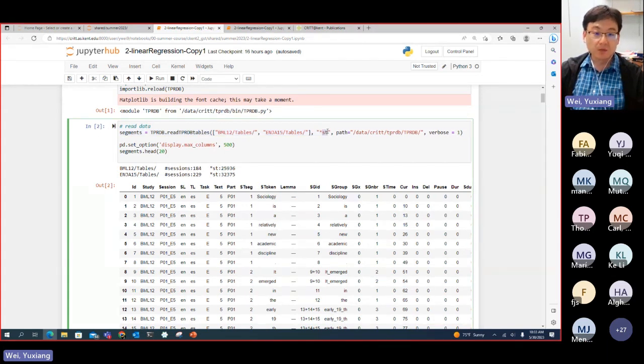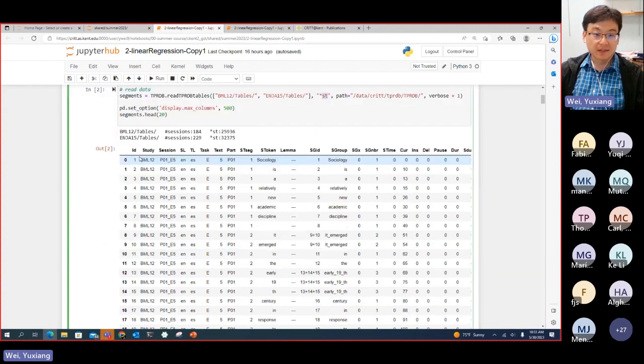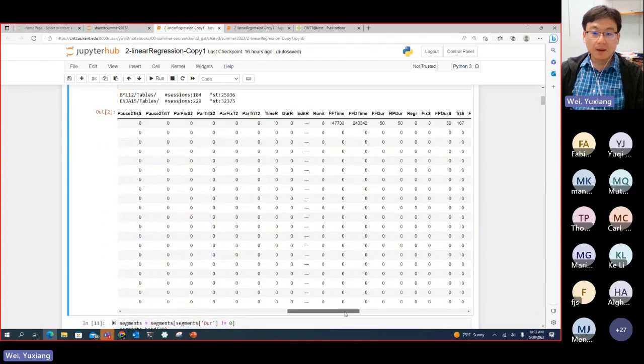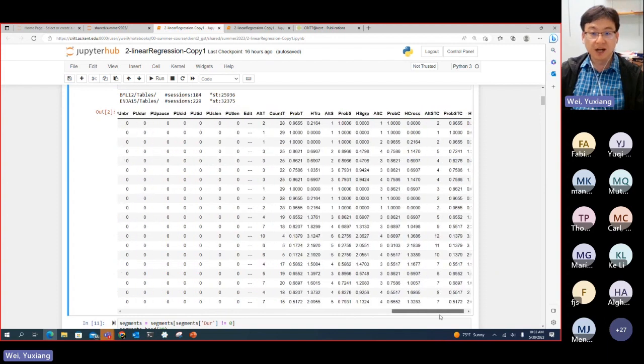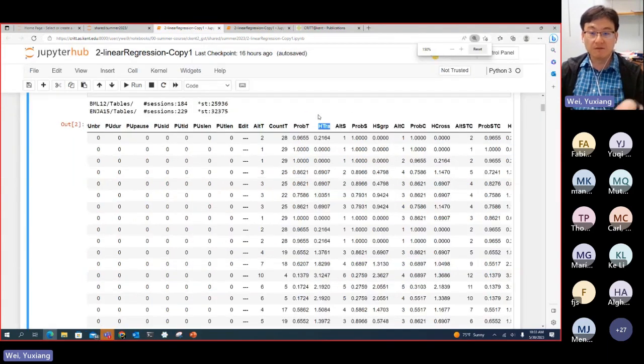Last time we were looking at the sentence as a whole, and this time we're looking at individual tokens in the source text. So we read the ST table, and here is the table itself. If we go to the right-hand side, we would see a column called HTra here. That's the value which we use to approximate the entropy that I'm going to show.